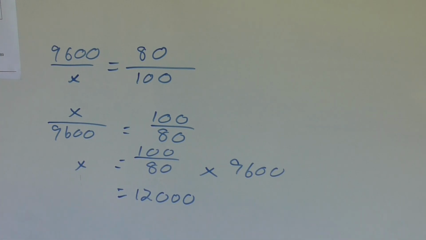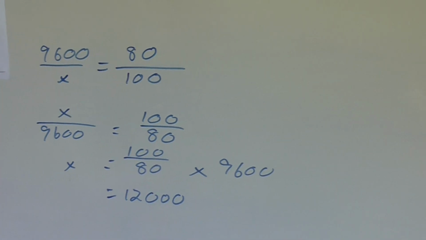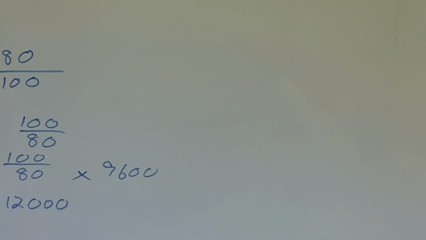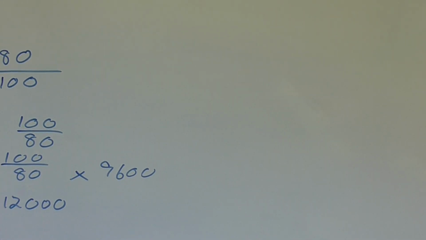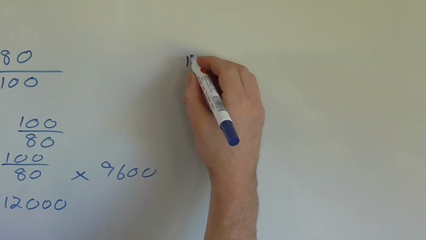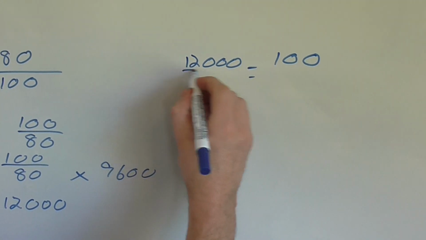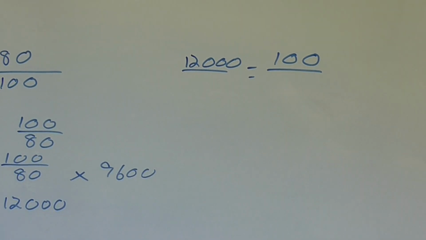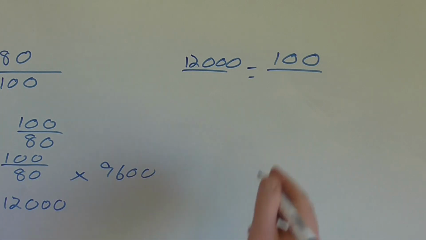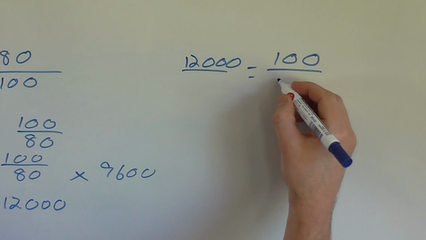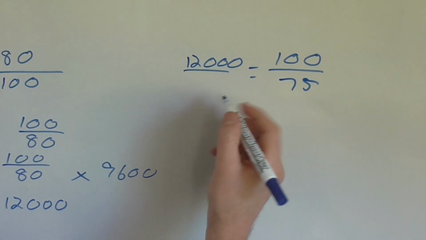All right. So we all agree that 12,000 is 100% of the price. Am I right? But we are getting a 25% discount. So in other words, 100 minus 25 is 75%.